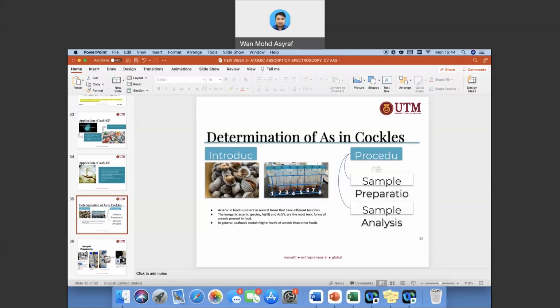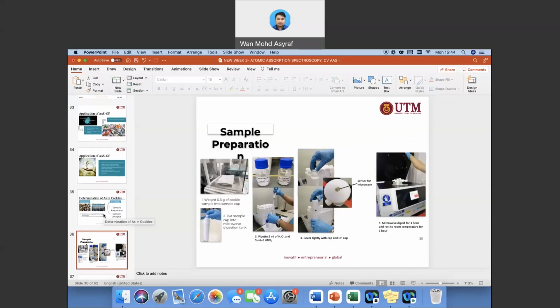So how are we going to do it? In terms of sample preparation, you will just collect the cockles, the cockle flesh, and then do a microwave digestion, which we will learn after this, for sample preparation for inorganic analytes.